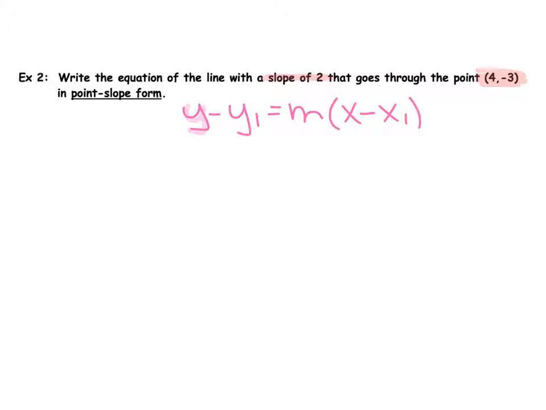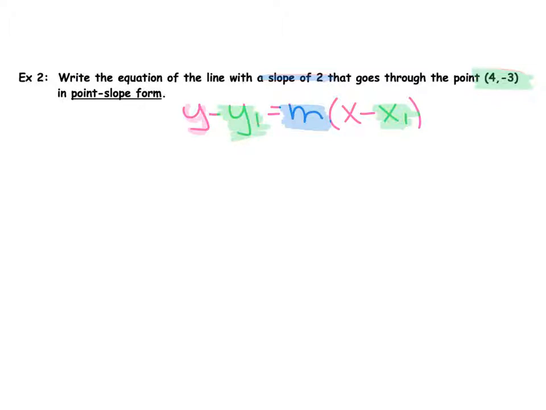We know we need to plug in a point and our slope. Our slope is 2. So 2 will go where m goes. We know our point is (4, -3). So 4 will go where x1 goes, and -3 will go where y1 goes.